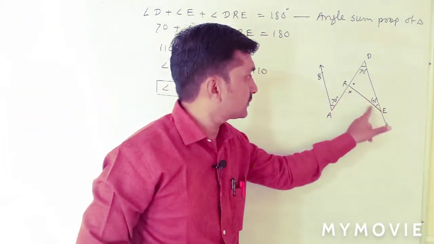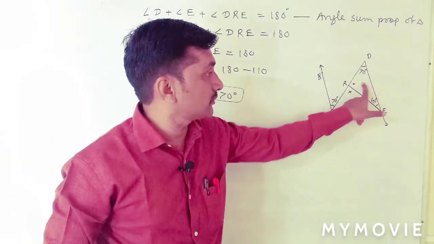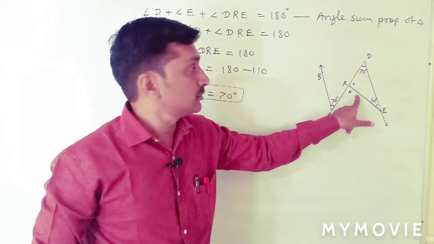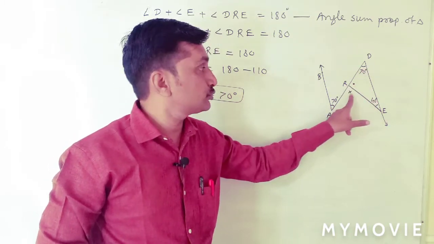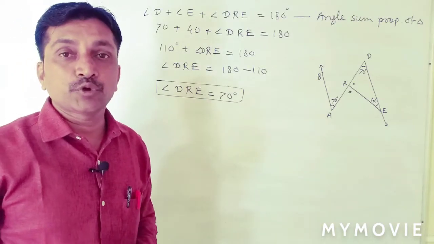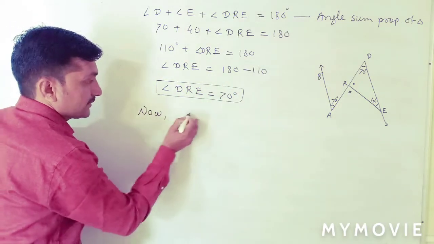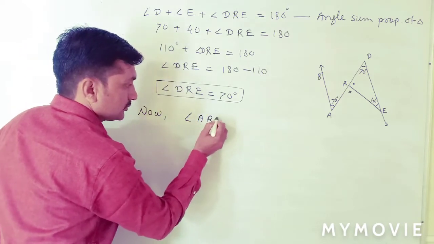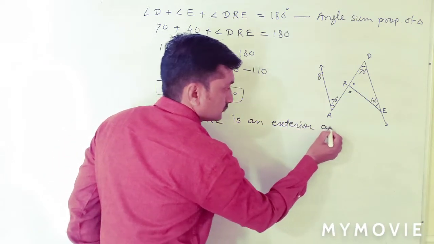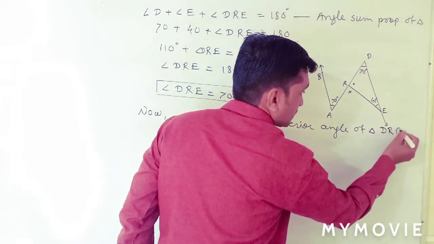Second angle we want is ARE. Now if you observe this figure, ARE is an exterior angle of this triangle. Therefore by the remote interior angle theorem, the sum of two remote interior angles is equal to the measure of the exterior angle. Now write there, angle ARE is an exterior angle of triangle DRE.